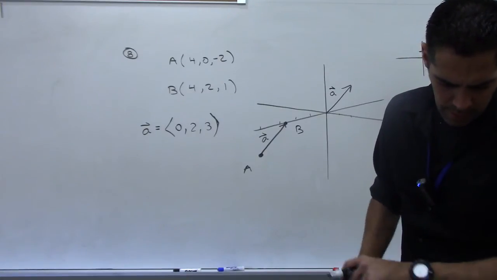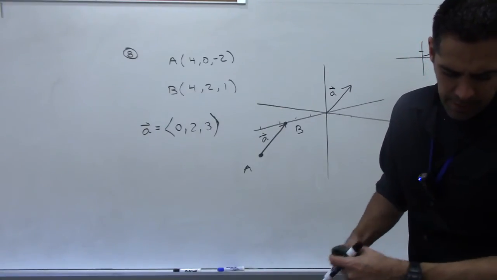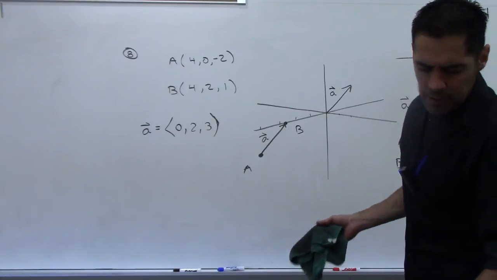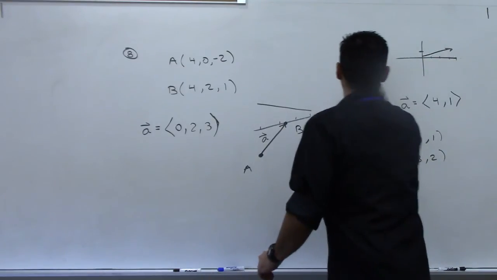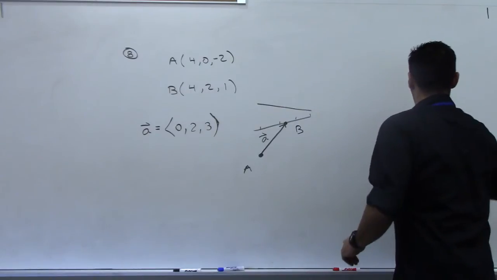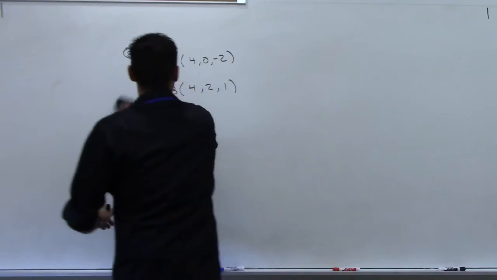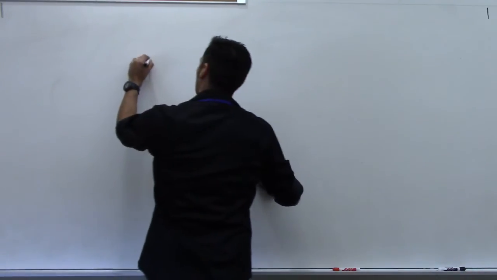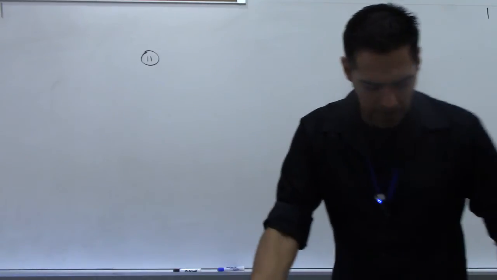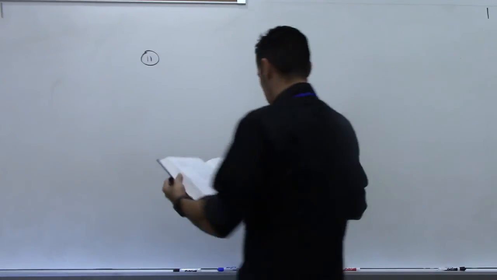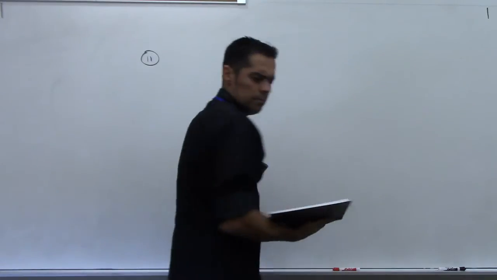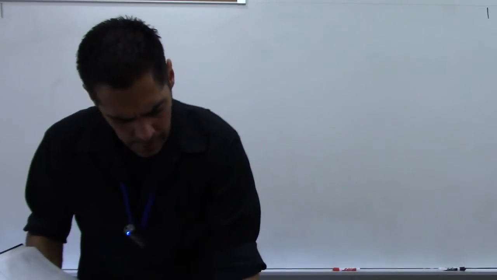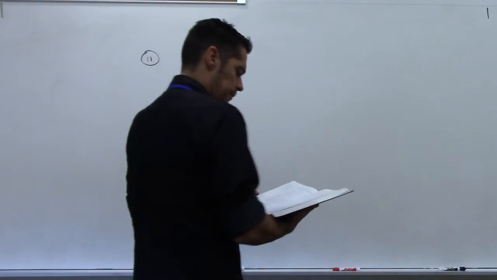What's next? Number 11. Find the sum of the two vectors and illustrate it geometrically. So we have two vectors here. Did I skip 9? No, I didn't assign 9.